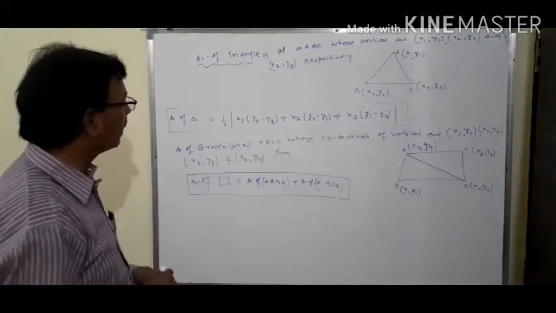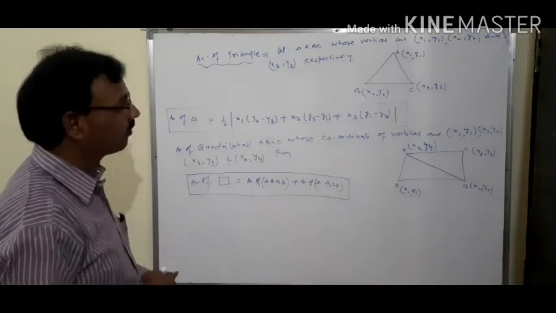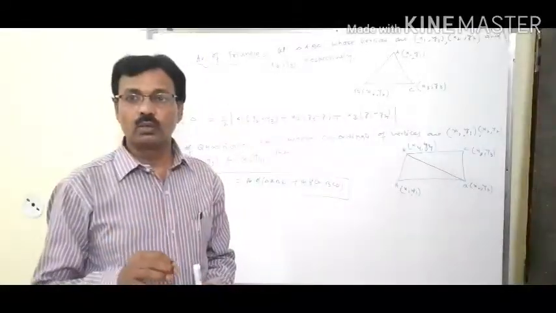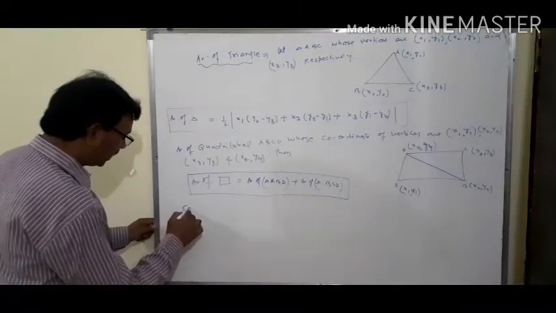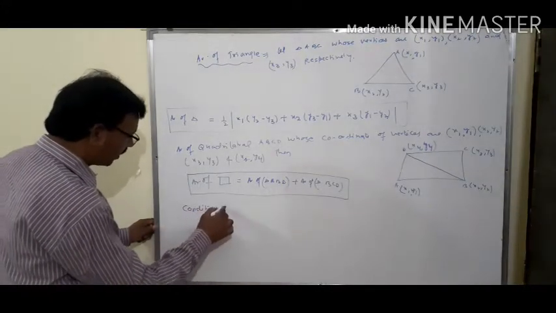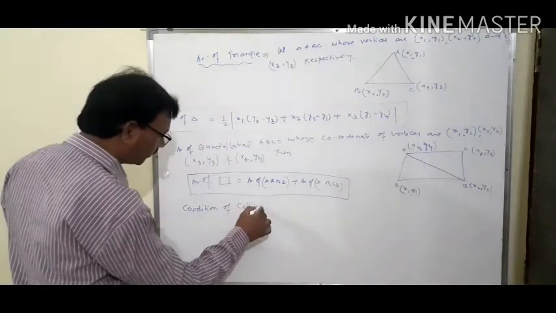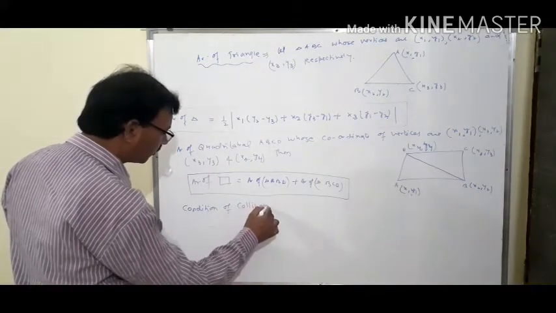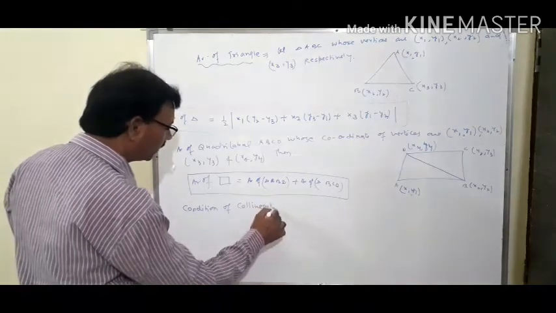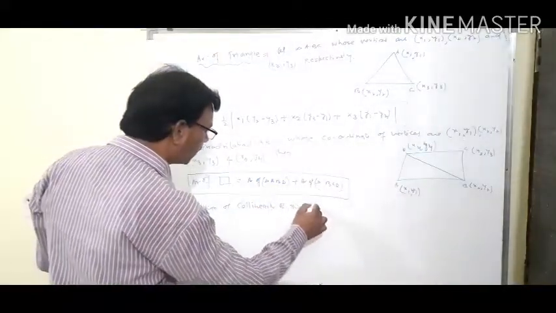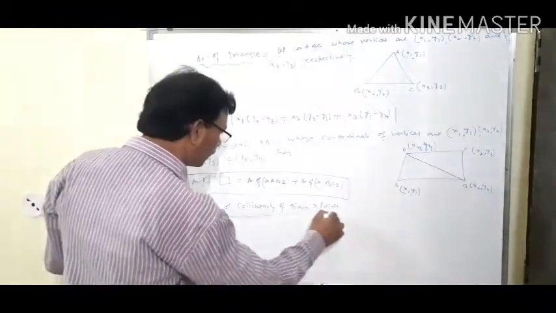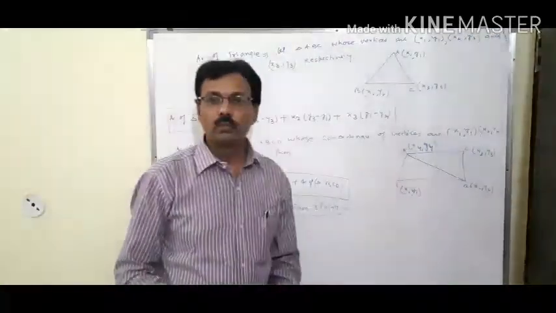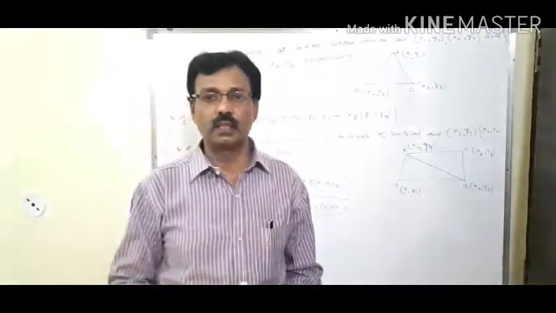Now the last topic of this video: what is the condition of collinearity if three points are given? Condition of collinearity of given 3 points. As you know, collinear means all points lie on a straight line.